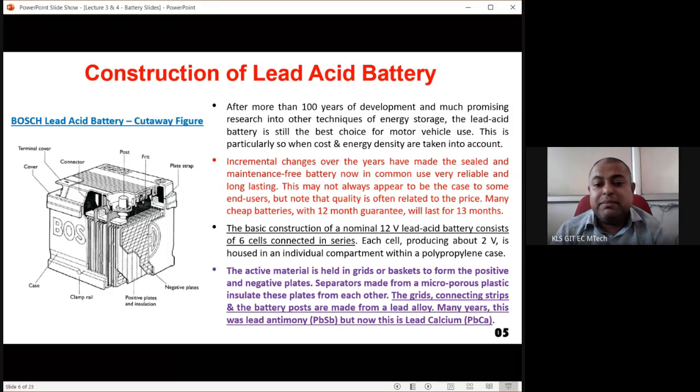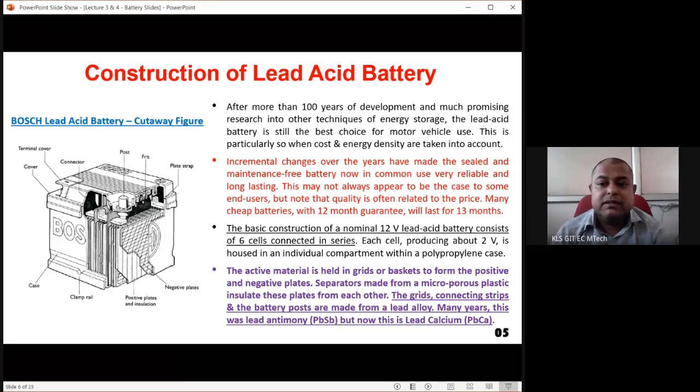Separators made from microporous plastic insulate. So each of these positive and negative plates are separated, and there are microporous plastic insulators separating these plates from each other. But the liquid, whatever is there inside, can touch both positive and negative.